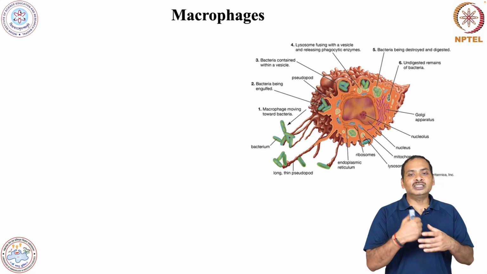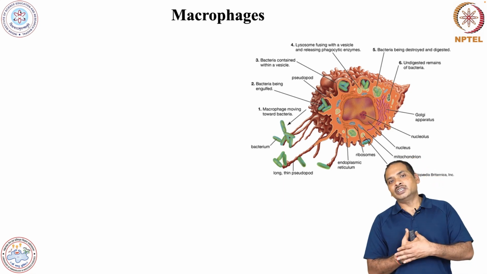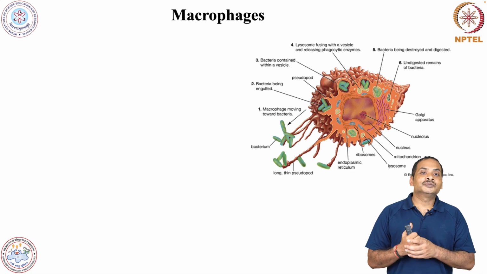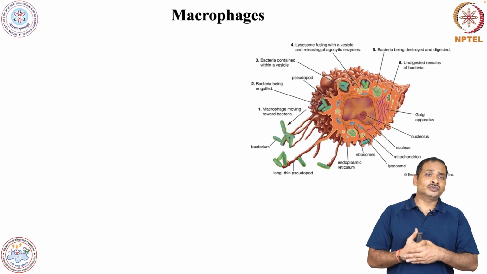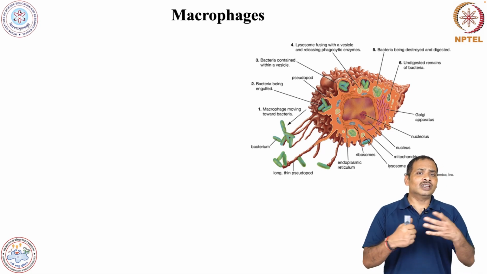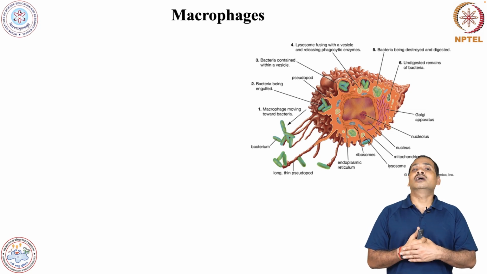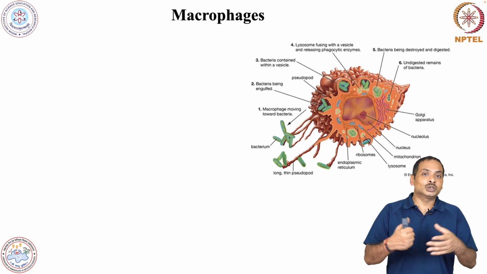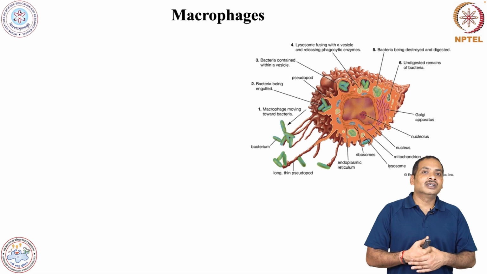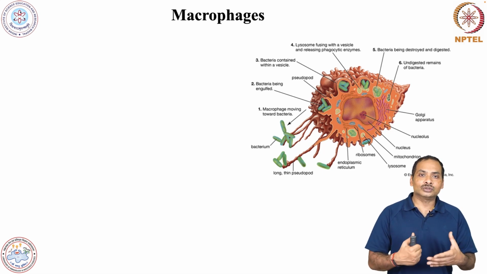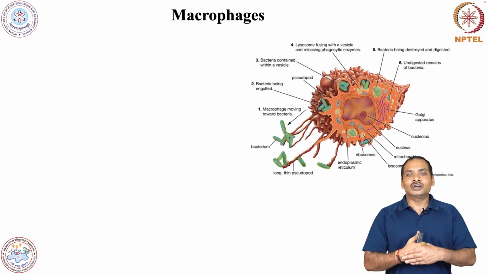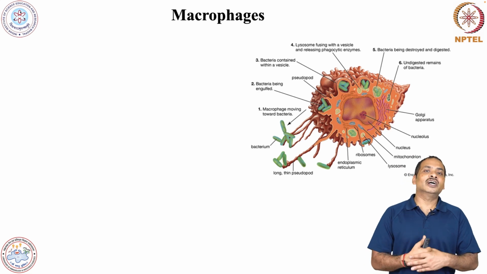Here you can see that after phagocytosis there is a fusion of one cell organelle, which you are also aware of and we call the suicidal bag, the lysosome, and these lysosomes are loaded with a variety of hydrolases.